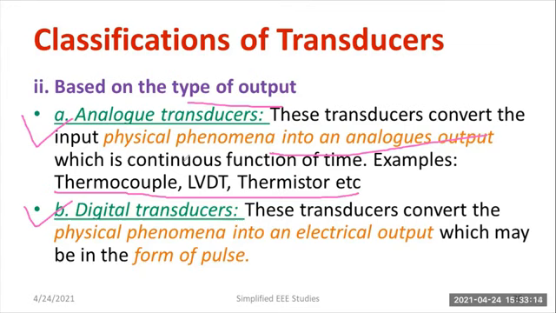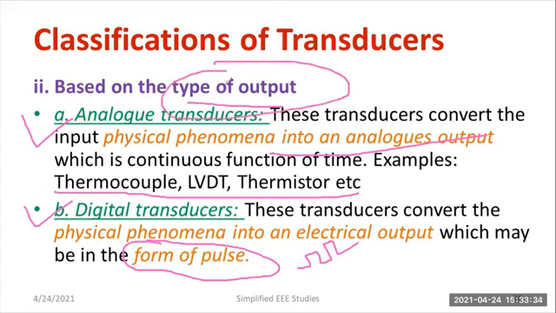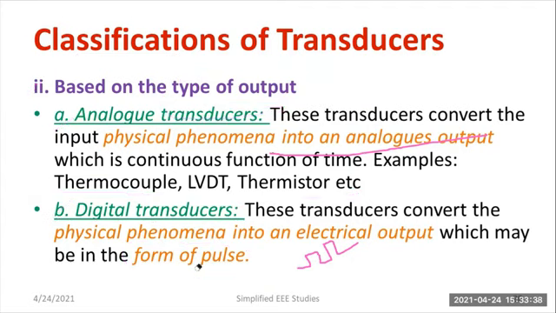If you observe the output of these transducers, it will be purely analog. Digital transducers give the output in the form of pulses. Such kinds of transducers are called digital transducers. So this is according to the nature of output, another important classification criterion.